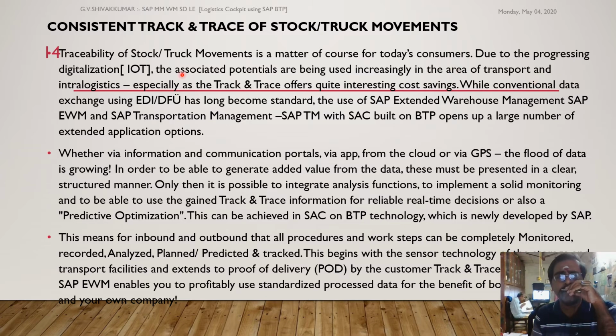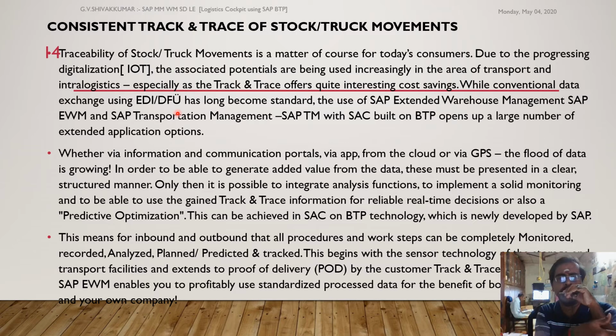Due to the progressing digitalization and IoT, the associated potentials are being used increasingly in the area of transport and intralogistics, especially as track and trace offers quite interesting cost savings, while conventional data exchange using EDI and DFU will not give exact data, right?